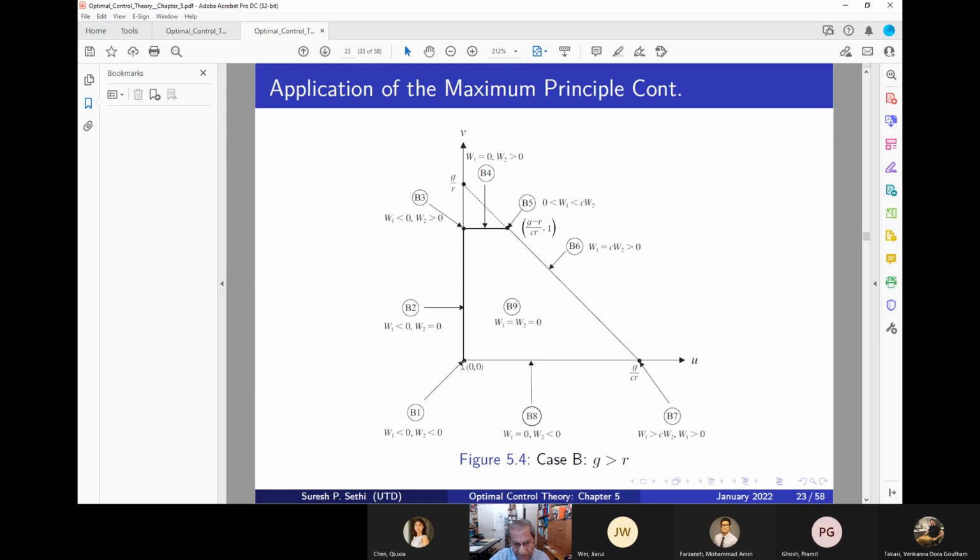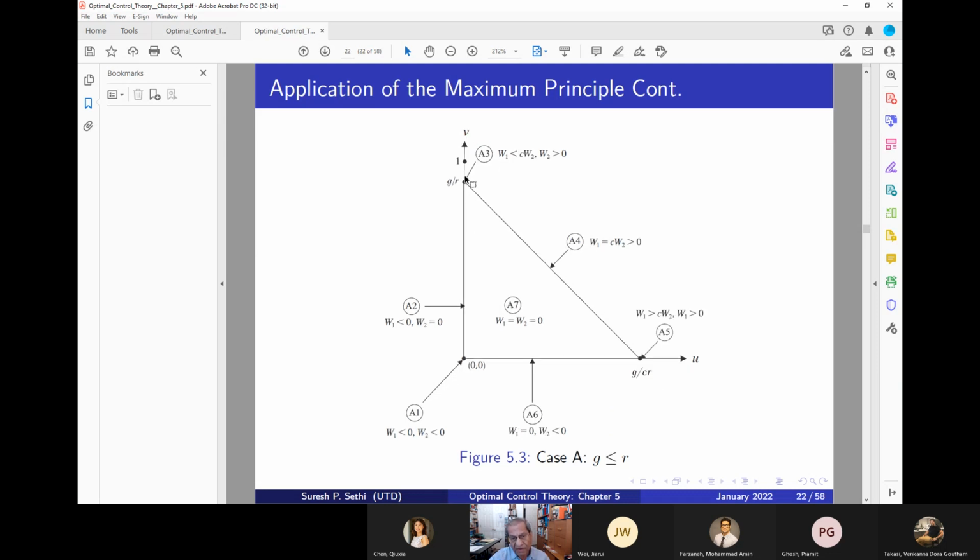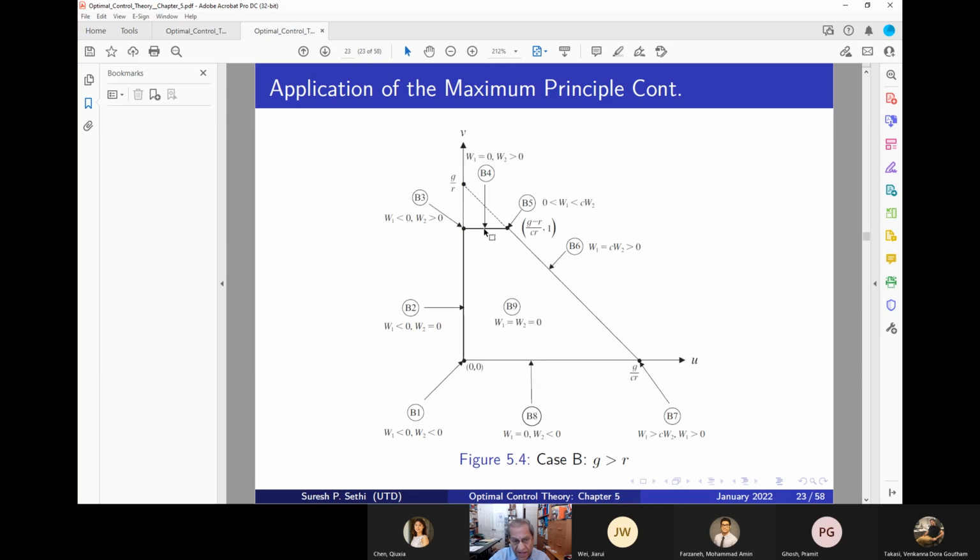Then we found that we can be on this line only for one point in time, and then we are here. So initially we were there and to see what's going on next, and this doesn't work, so we were finished. Here we are here, and we want to find out what's going on, and we'll see that now we will go to this singular control, and then we're going to come here, and then we'll finish.